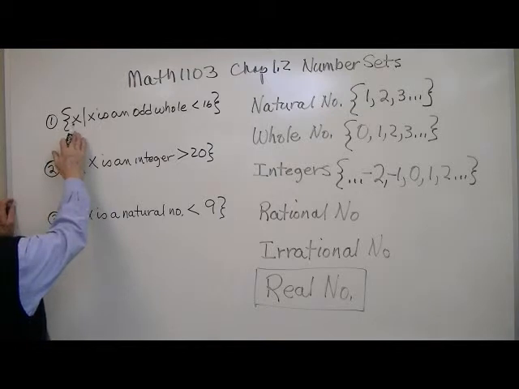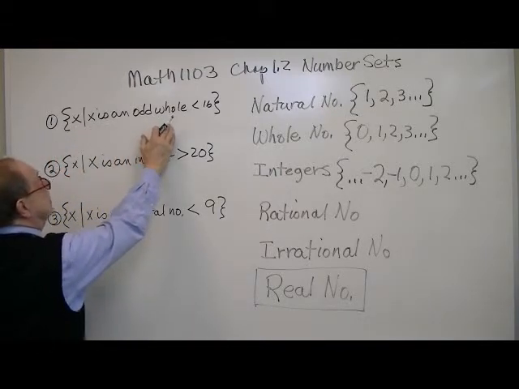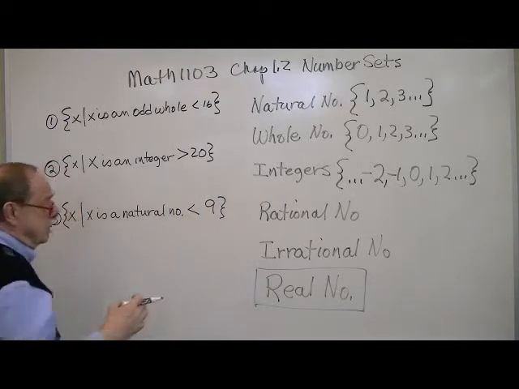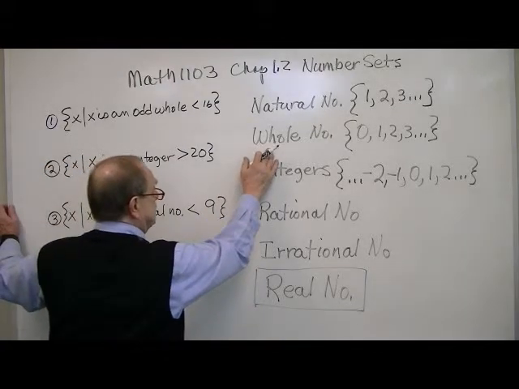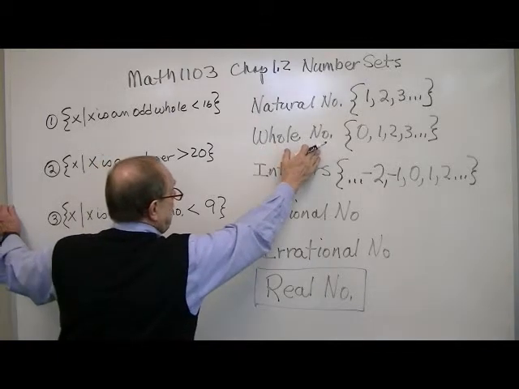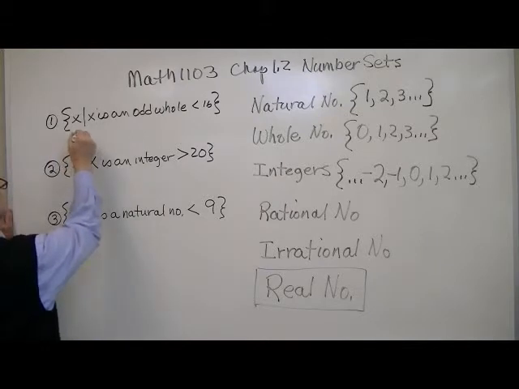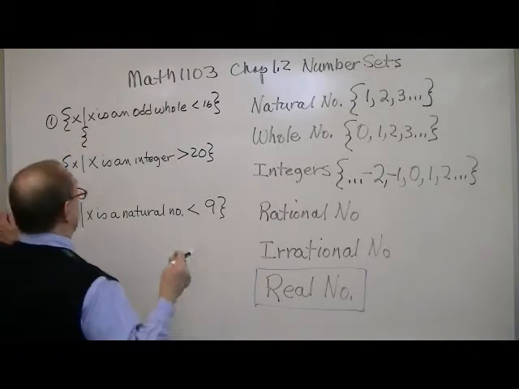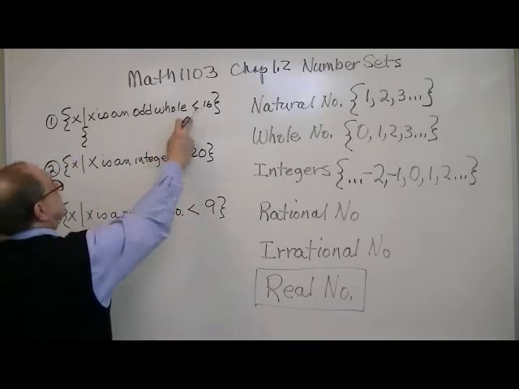So here it says x is such that x is an odd whole number less than 16. So we want to write that set. So we look over here at whole numbers that are going to be less than 16. So we would put our bracket, and whole numbers, and an odd whole number less than 16.